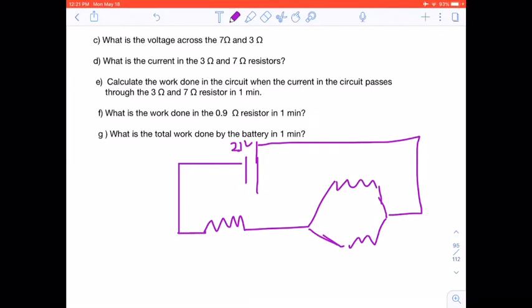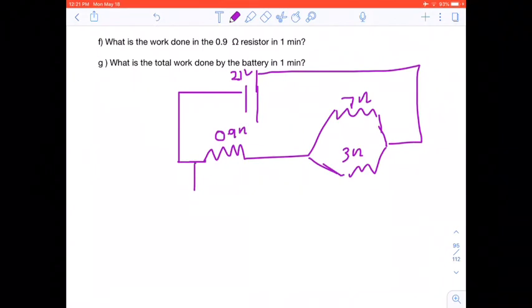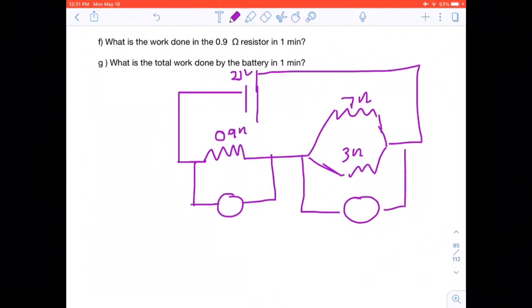And then this one here is 9 ohms, and here we have 7 ohms, and we have 3 ohms, okay? And let's say I have a voltmeter here, and I could also have a voltmeter there.